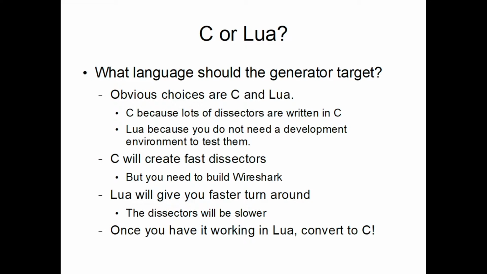And now, in some sense, you've got the best of both worlds. You've had the convenience of quick turnaround with Lua, and then you can convert it into something that's going to be quite a bit faster. Graham was mentioning, I think, that it was something of the order of 2.5 times or more faster between the C and the Lua dissectors.